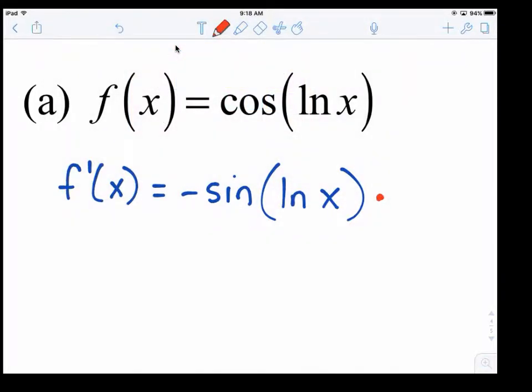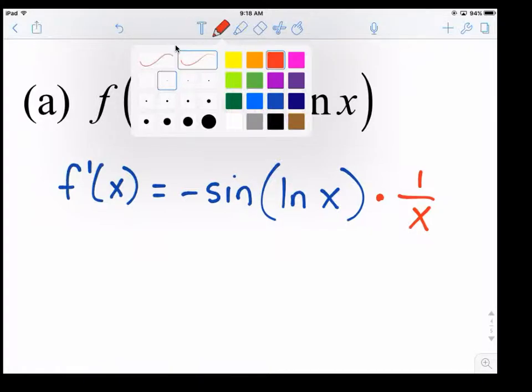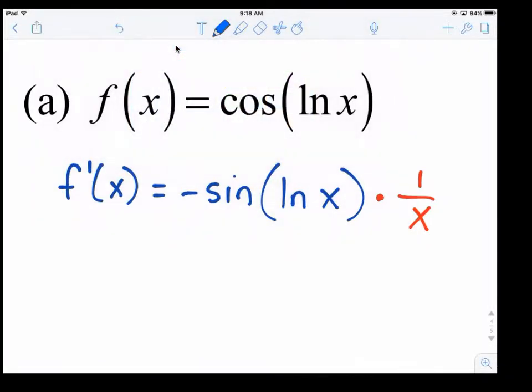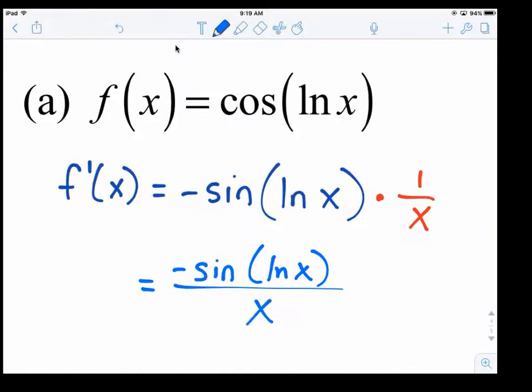Now you're going to be taking the derivative of ln of x, which would be what? 1 over x. Right? So your final answer now is what? Over x. Good.